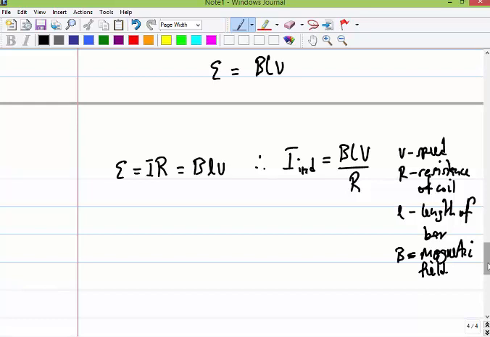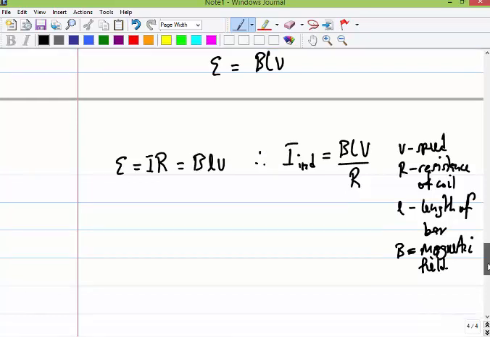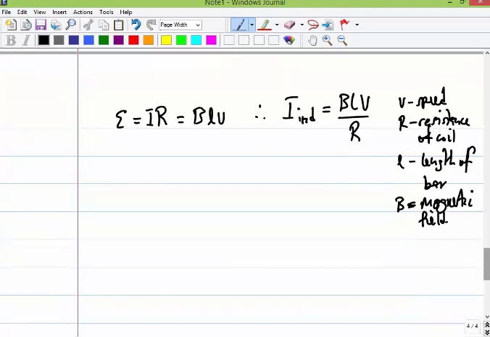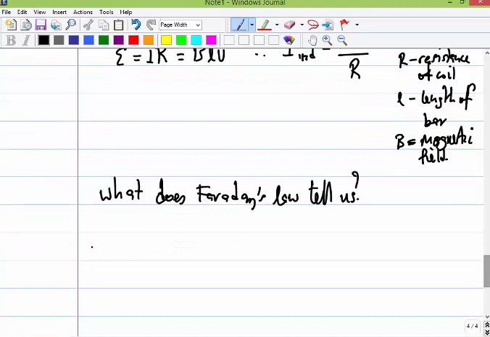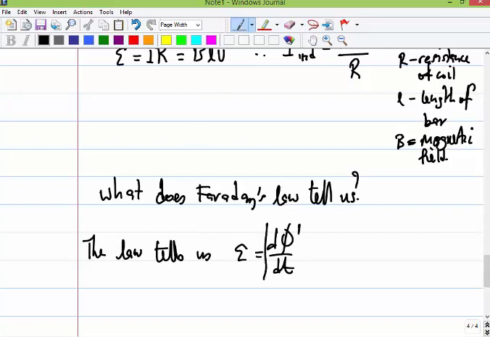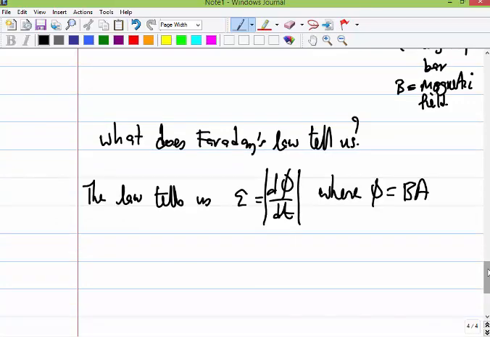Faraday's law tells us that there are two things that can happen. So let's look at a feature of Faraday's law. The law tells us that the EMF is equal to the absolute value of the change in flux with respect to time, where the flux is equal to B times A, assuming that B and A are parallel to each other and point in the same direction.